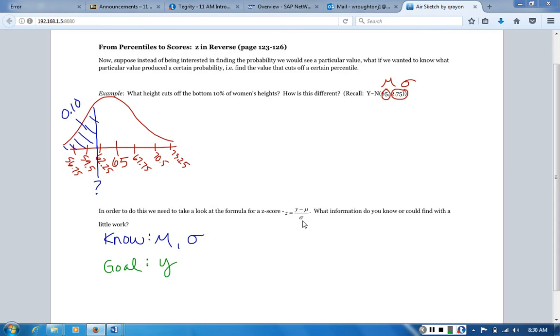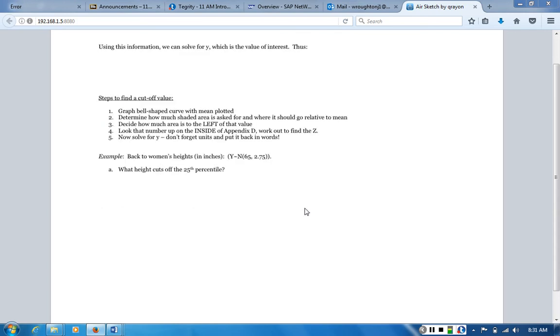That's our Y. So my goal is to find Y. So I don't know that, which tells me then what I need to know is Z. If I know Z and I know sigma and I know mu, I can find my value of Y. So what we're going to do is take this formula and solve it for Y. So Y is going to be Z times our standard deviation plus our mean.